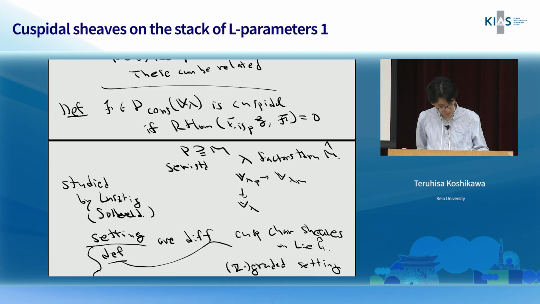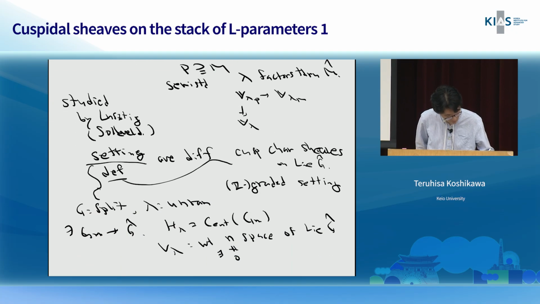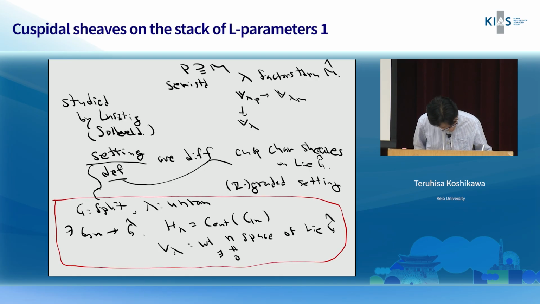Sorry, what's happening on the bottom half of the screen? So this is the Lusztig setting. Can we think of this as some extra data that we can always choose, or only in the cases that we want to?